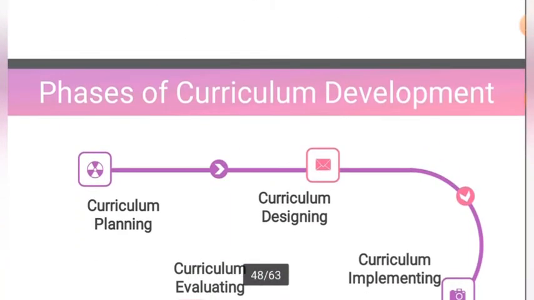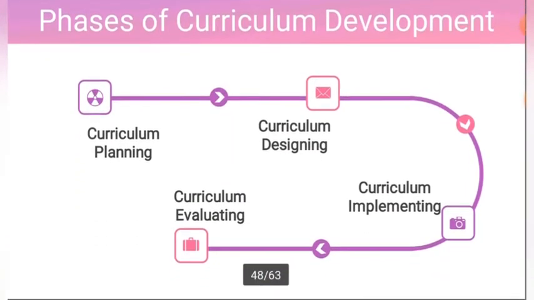Next are the phases of curriculum development. We have 4 phases: curriculum planning, designing, implementing, and evaluating. First is curriculum planning, which is the first phase of the curriculum development process, which considers school vision, mission, and goals.